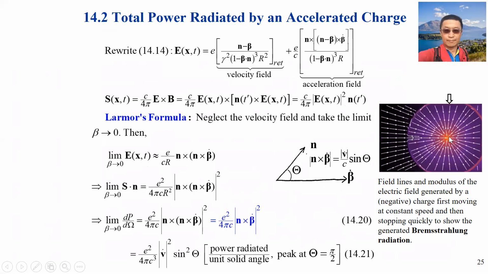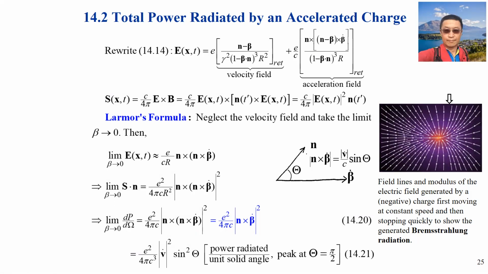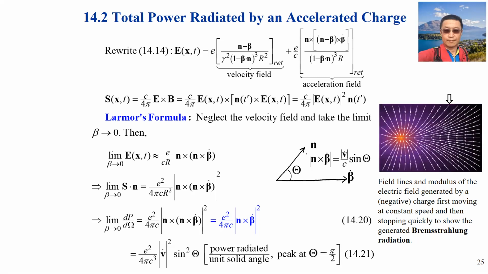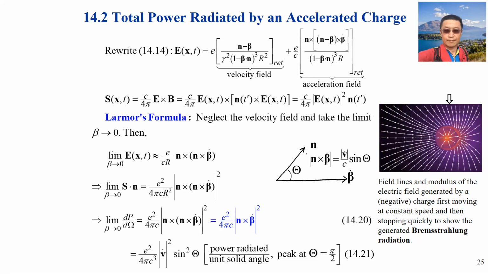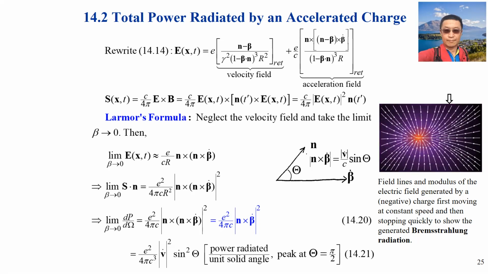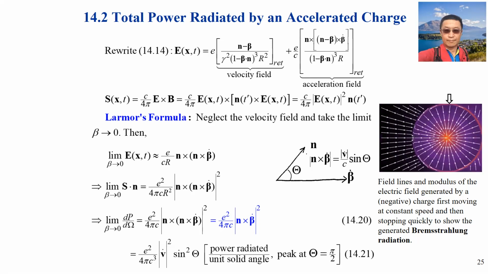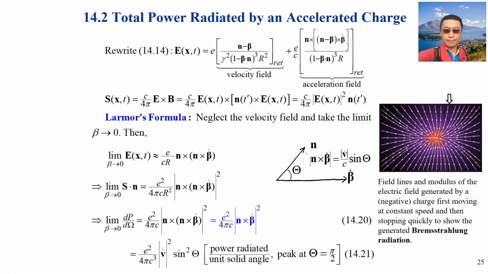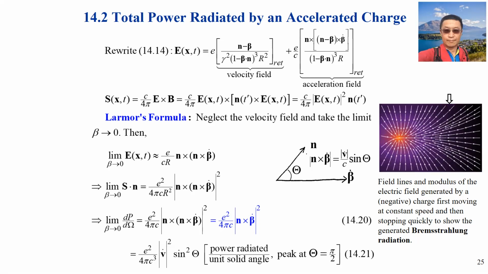So just like acceleration, when it stops, it generates fields. The field lines and the modulus of the electric field are generated by a negative charge, first moving at constant speed and then stopping quickly, to show the generation of Bremsstrahlung radiation. Because of the sudden deceleration to zero, the radiation goes out.